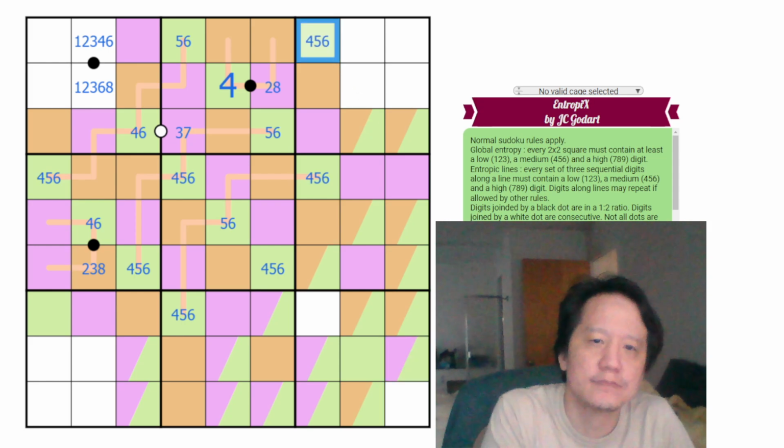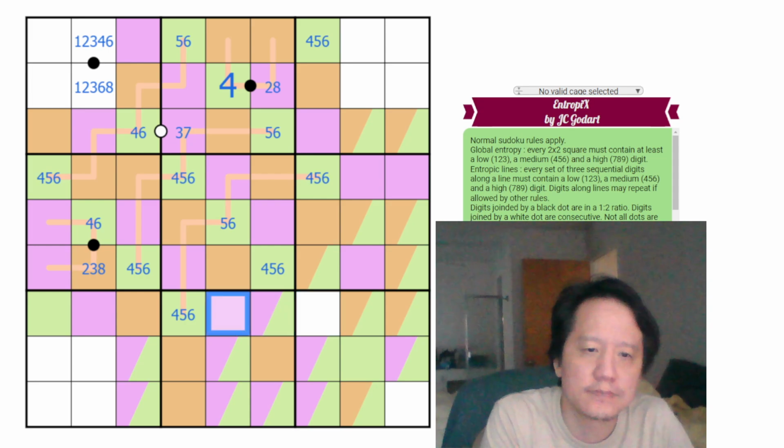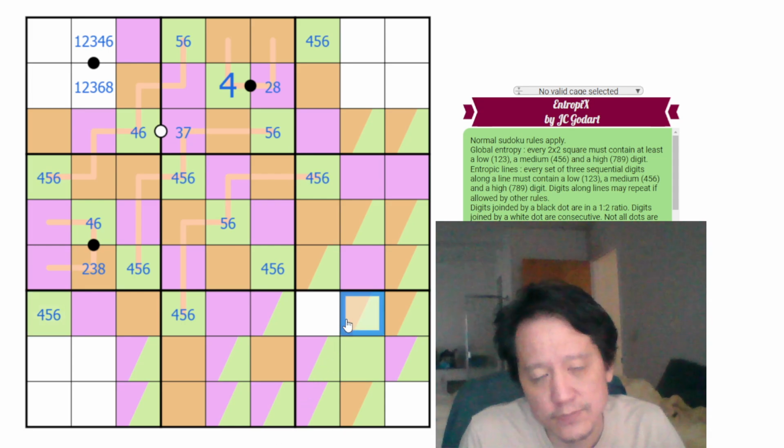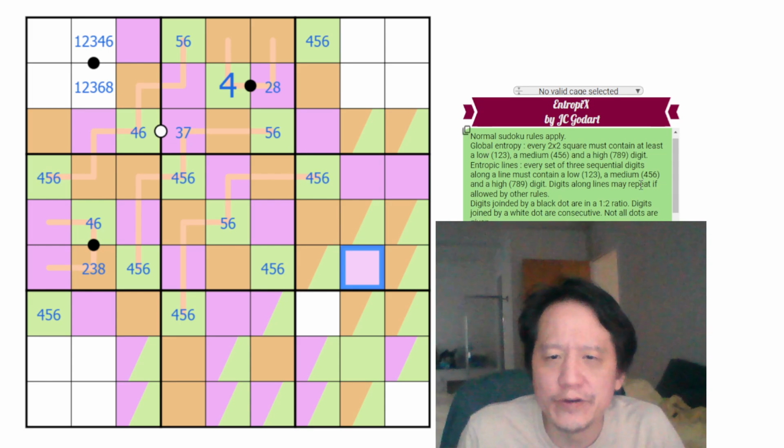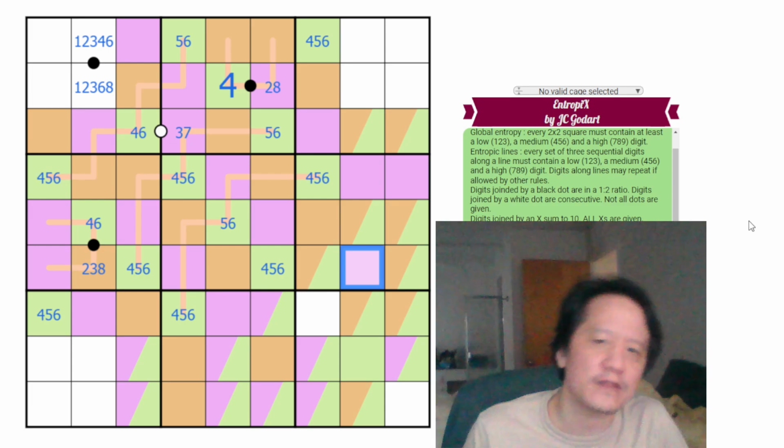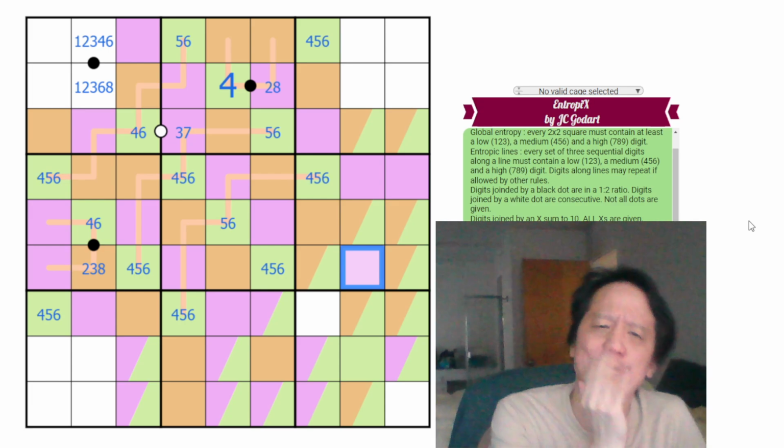Hmm. Yeah, I'm wondering if we have to apply the x sum somewhere now.